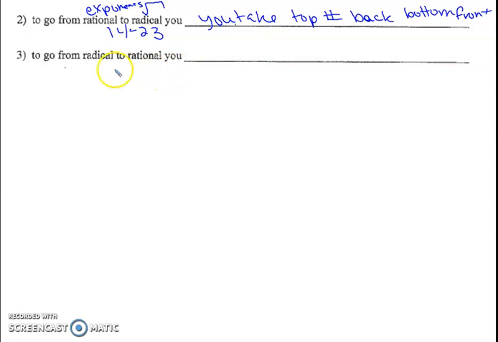For example, for number 2, x to the 3/4. To turn that to a radical, you would say the 3 is on the top, so it goes to the back, and the 4 is on the bottom, so it goes to the front.